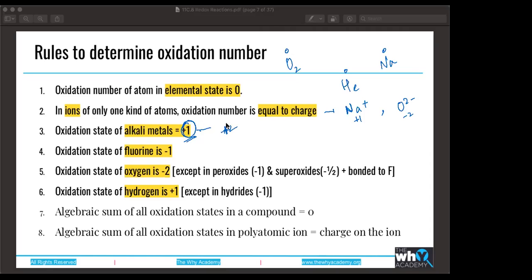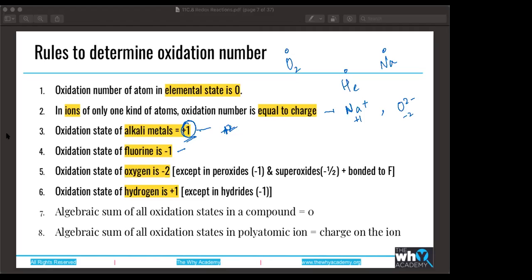This is like the default oxidation state. They cannot take any other oxidation state in any situation. Similarly, oxidation state of fluorine is taken as -1. Oxidation state of oxygen is always -2. The only exception is in peroxides and superoxides, or if it is bonded to fluorine.